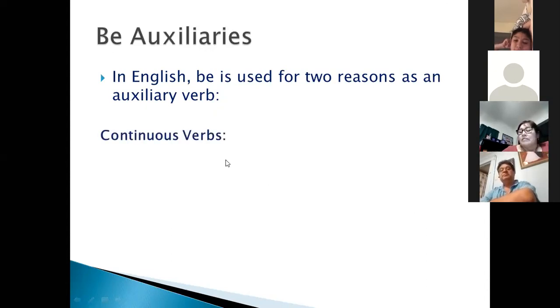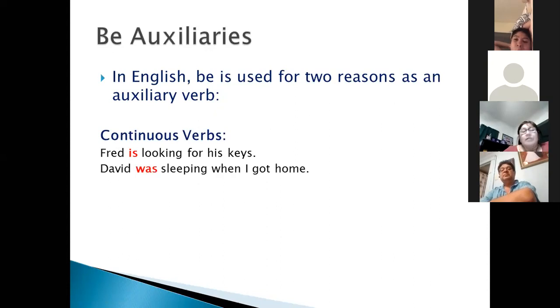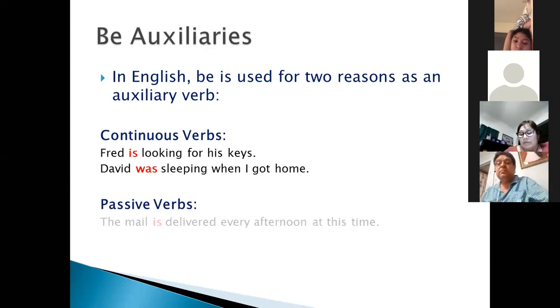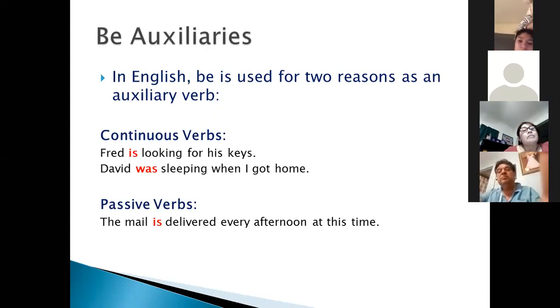Continuous verbs, right? For example, Fred is looking for his keys. David was sleeping when I got home. Passive verbs. For example, the mail is delivered every afternoon at this time.